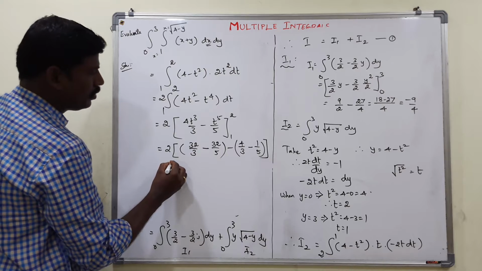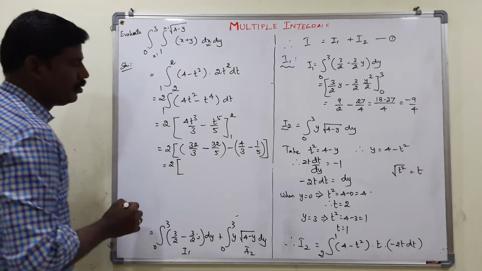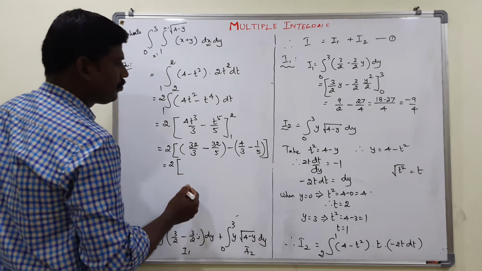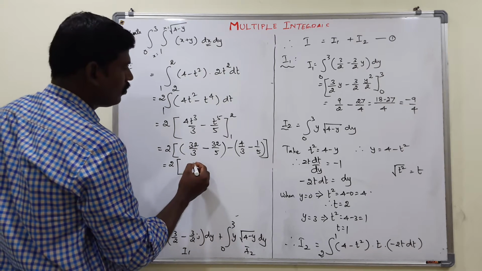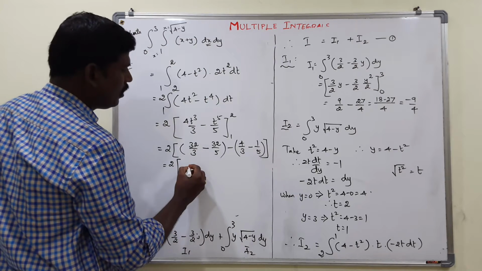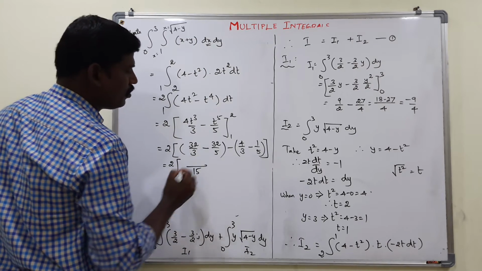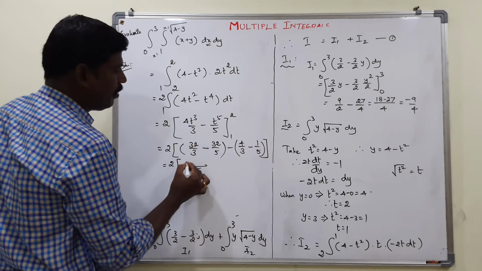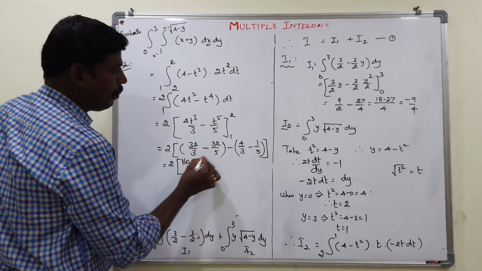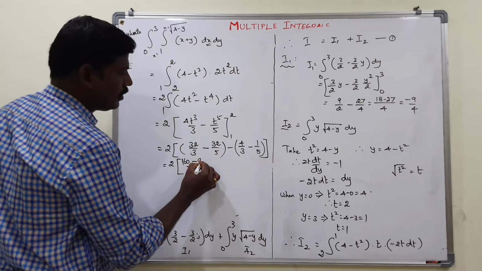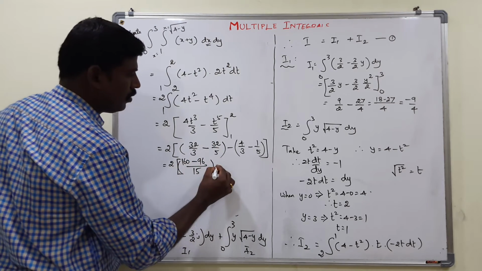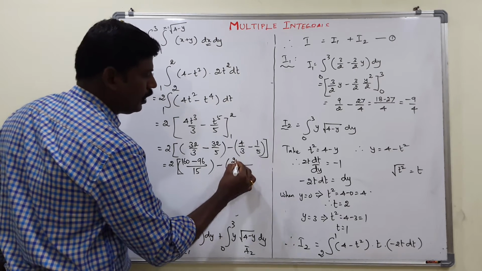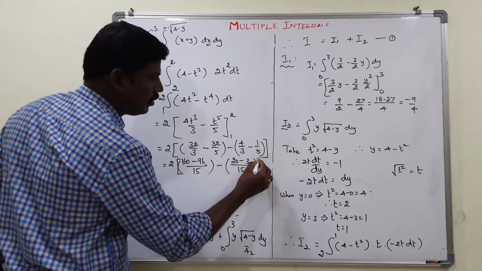So 2 into, we can take LCM between 3 and 5. So 15. How many 3s are in 15? 5 times. So multiplied by 5, 160 minus 3 times 32, 96. Minus, similarly taking 15 as LCM here, 5 times 4, so 20 minus 3 times 1, 3.